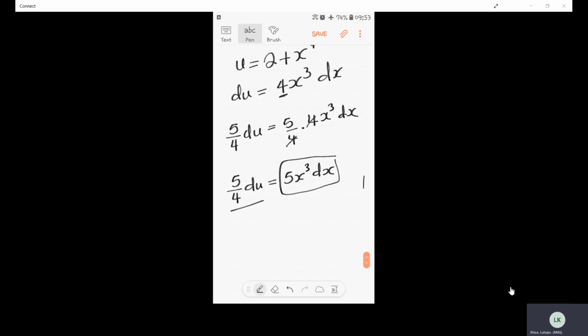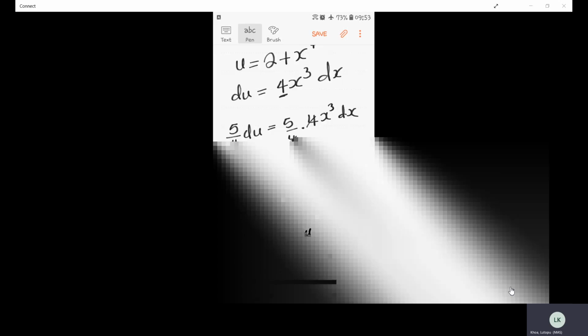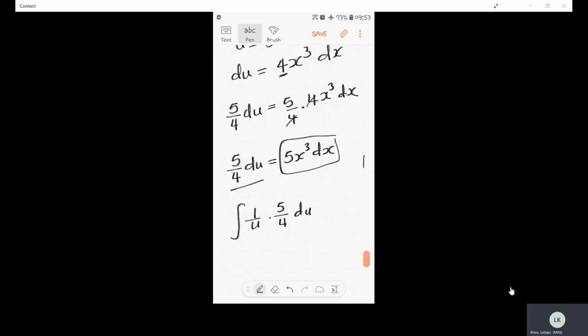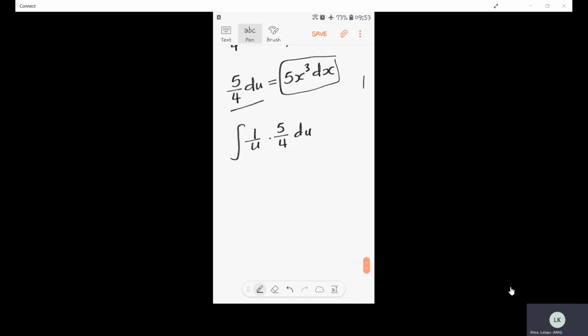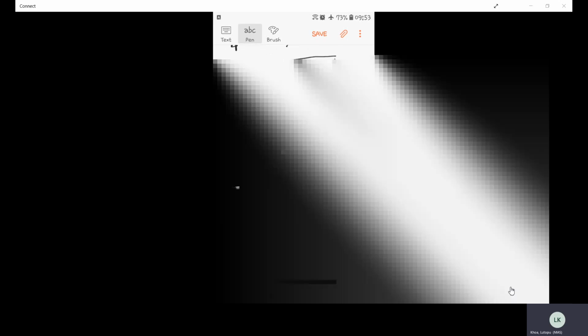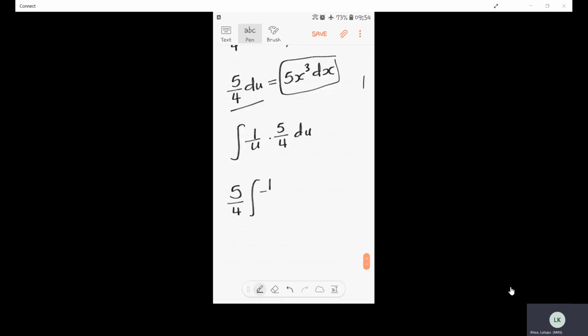So what I have is the integral of 1 over u times 5 over 4 du. Integrating this, the 5 over 4 can go out, then I have the integral of 1 over u du.